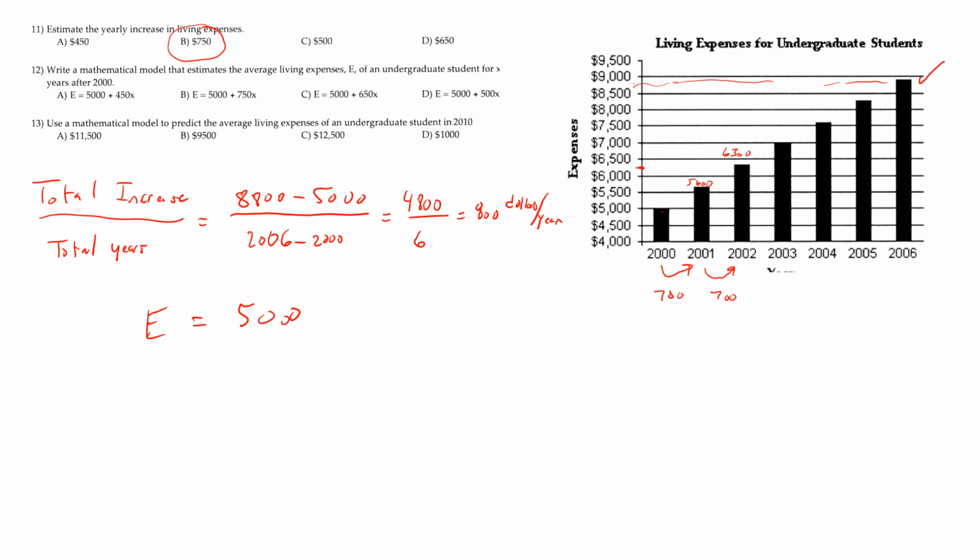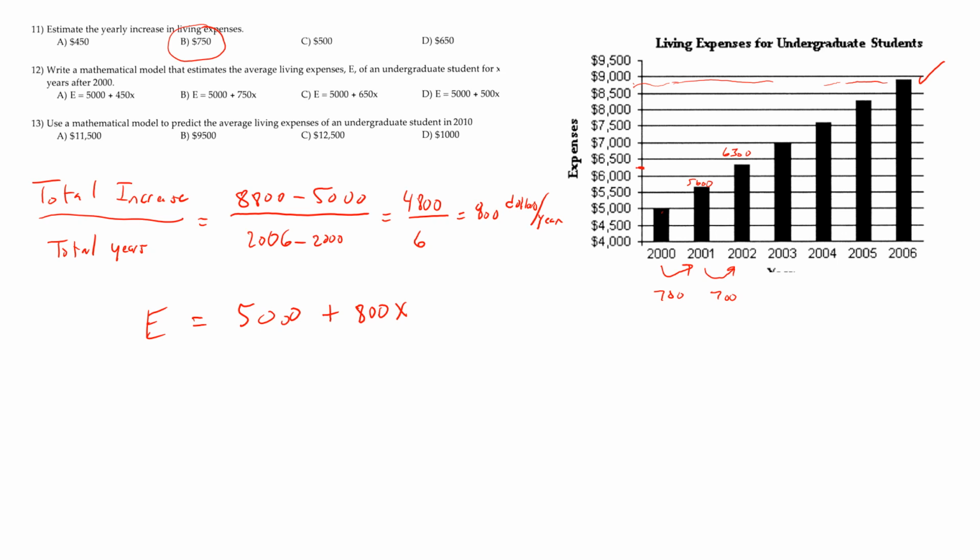And then for every year past 2000, expenses are going to go up by 800 on average. So if X is the number of years since 2000, I can use this equation to predict what the expenses will be in any year since then. Like, if I wanted to predict what the expenses will be in, say, 2020, I would just plug 20 in for X.